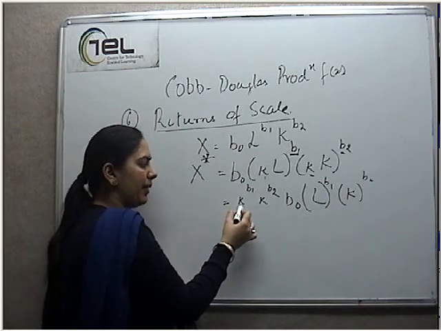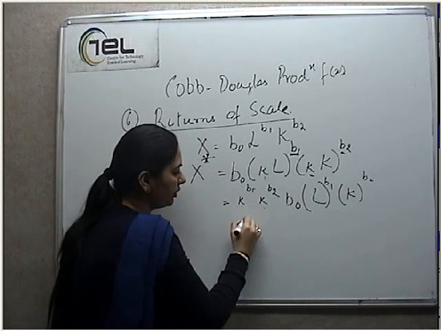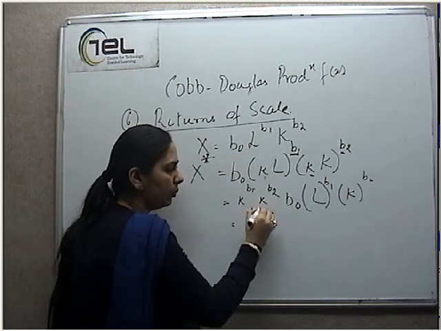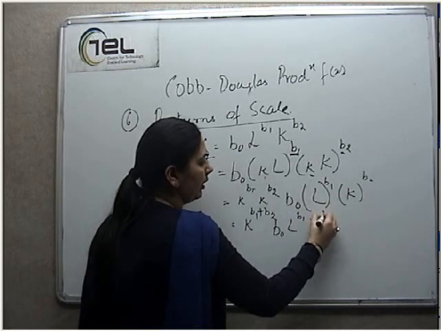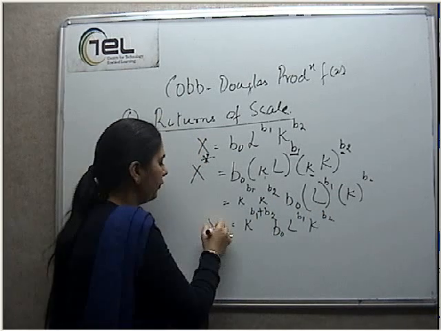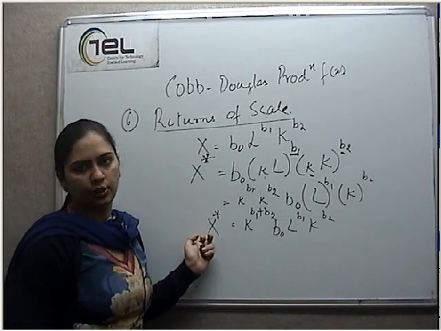Now when our base is same, the powers are added. So this is nothing but k^(b1 plus b2) b naught L^b1 K^b2. Now this is the resultant which we have got of x star, which I said is a homogeneous production function.